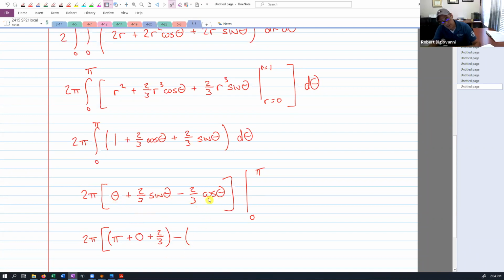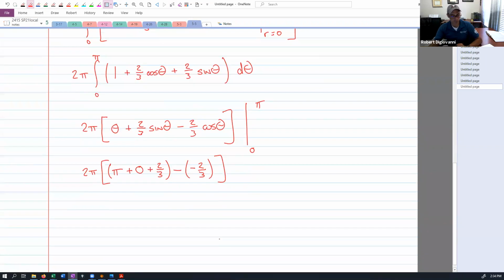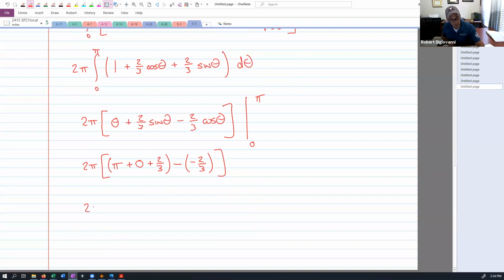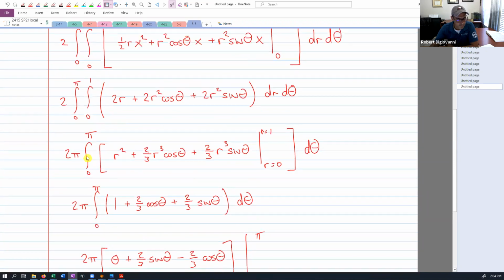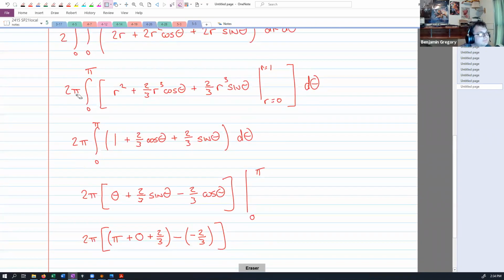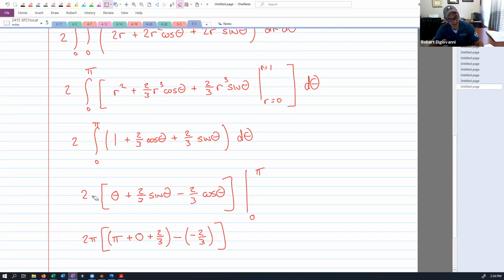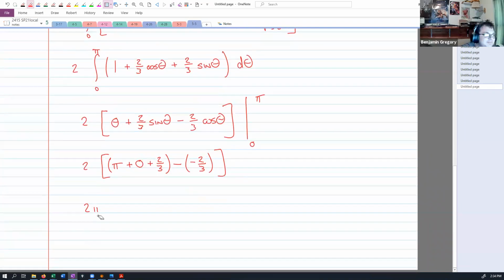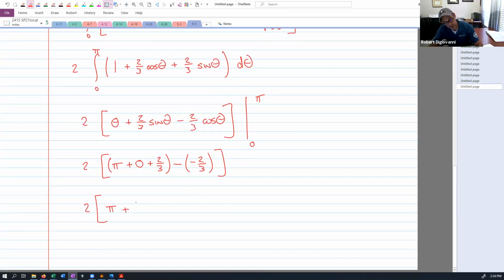And then cosine of 0 is 1, so we get negative 2/3 there. So we get 2 pi. Wait a minute, where did that pi come from? It didn't come from anywhere, you just added it. Yeah, that's just a 2. Here it is. Pi plus 4/3, which is 2 pi plus 8/3.